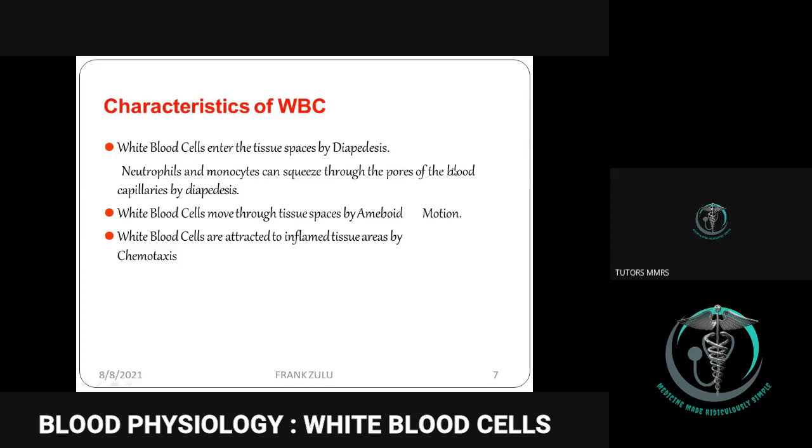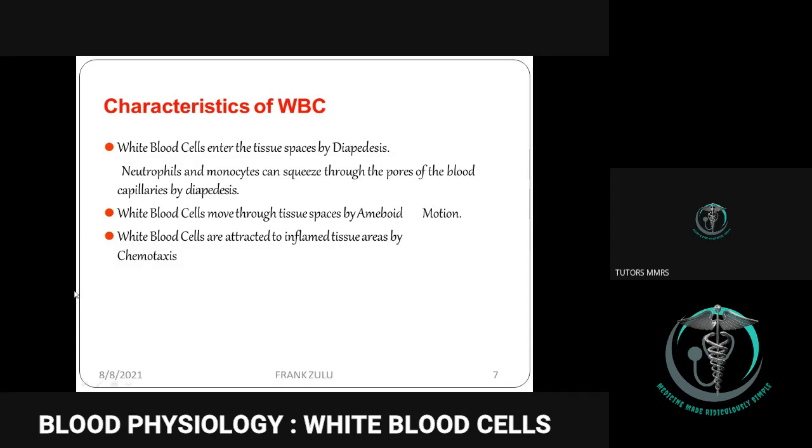In terms of motion, of course, you have that amoeboid movement. Chemotaxis just means that these white blood cells are attracted to the place where there is an antigen or a microorganism. So when you have a microorganism, an antigen, or a site of inflammation, inflammation is basically where there is tissue injury as a result of a microorganism, and therefore the immune system is mounted there.